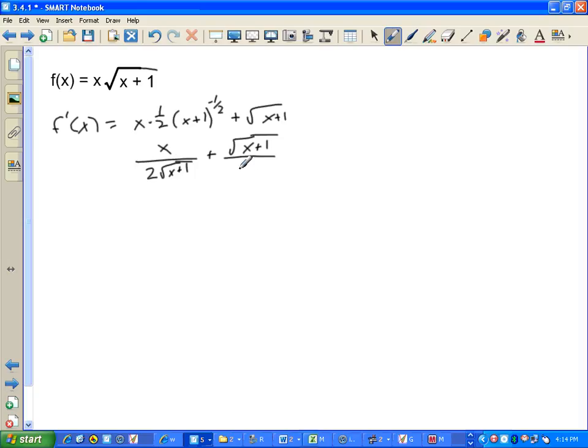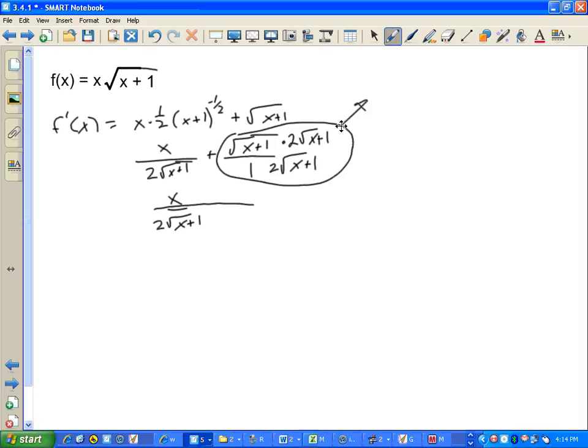Let's get a common denominator, so I'm going to multiply the top and bottom by the square root of x plus 1 and 2. So that's going to give me a common denominator that will allow me to actually add. So this is going to turn into 2 square root of x plus 1 times the square root of x plus 1 is just x plus 1.